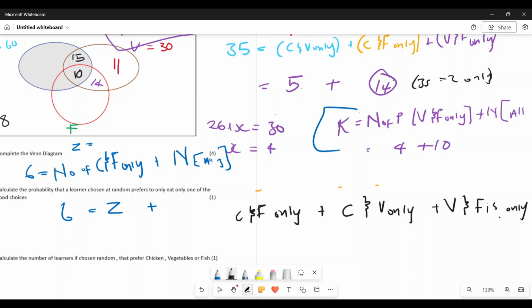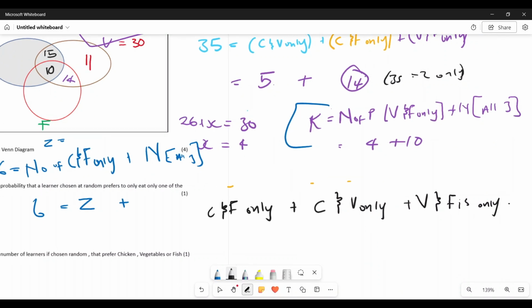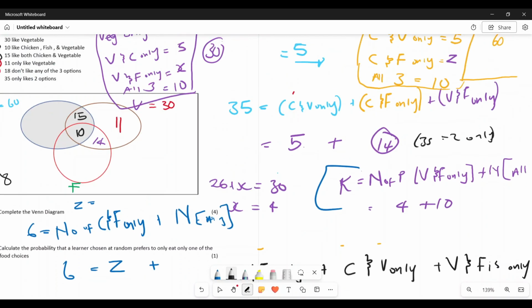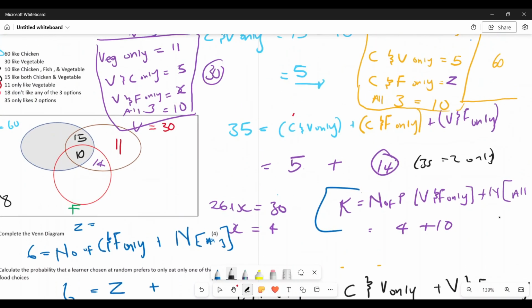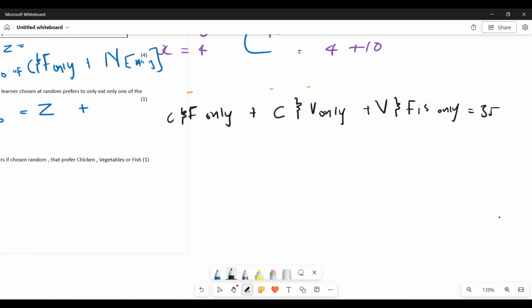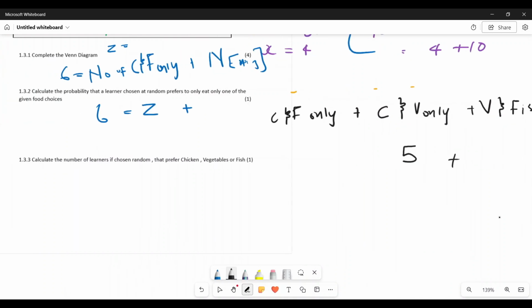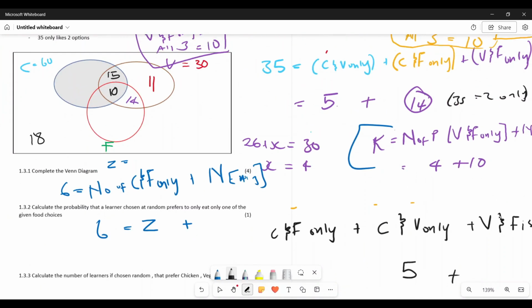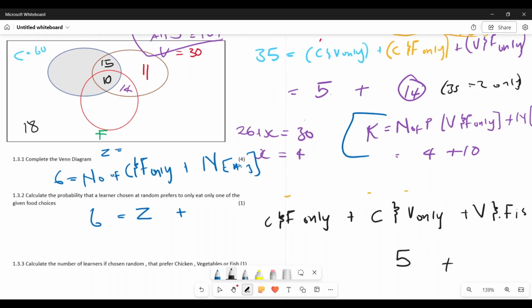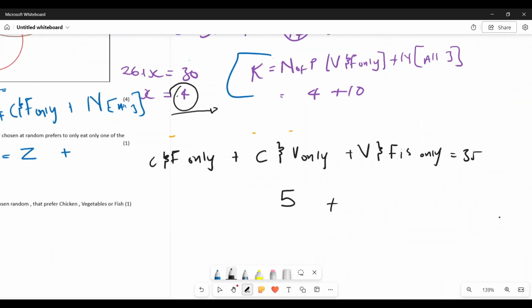So they said the total of these people, they are 35. Now remember, we have calculated the number of people who like chicken as well as vegetables only as 5. So chicken and vegetable only, we've calculated them as 5. Now, what about the people who like vegetable and fish only? We have calculated those people as 4, or the number of those people is equal to 4.